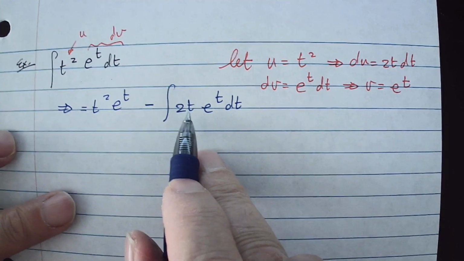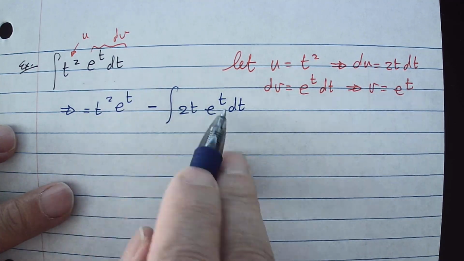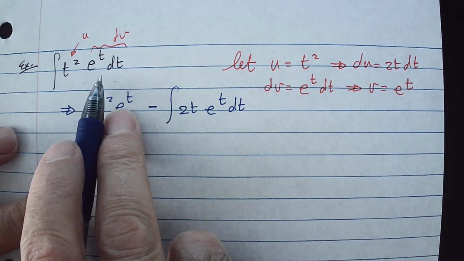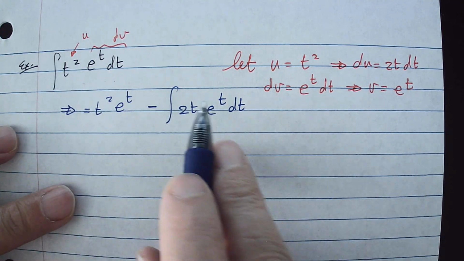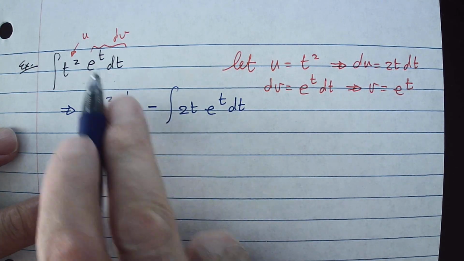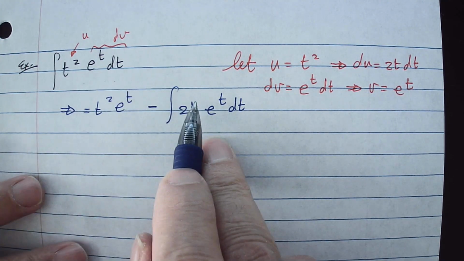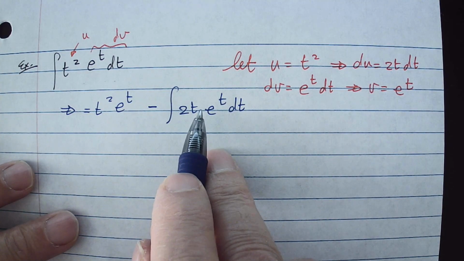And here notice that I had something that is a bit similar, or of the same species of the initial integral, except that the t squared now went down to t. I downgraded the power of t to become, instead of 2, it became 1. This is the benefit of this technique, but still I'm not done.